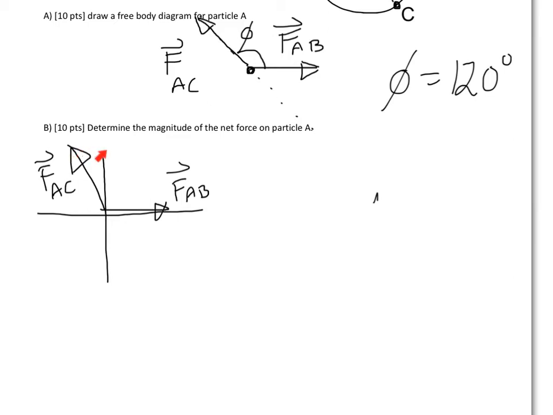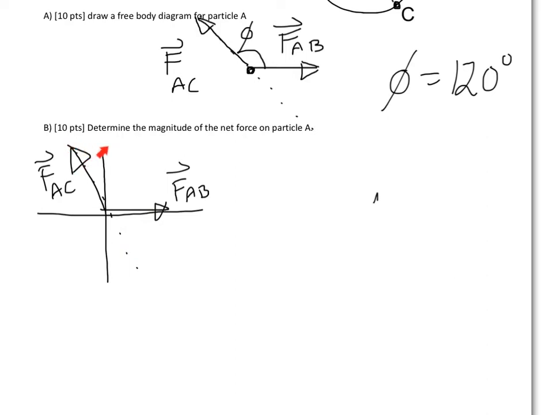Now I can decompose in components. I could find the x component. This angle right here now is 30 degrees. If you think it through, remember this dotted line right here comes from the particle C direction. This is 180, this is 60, therefore this is 60, therefore this inside is 30.